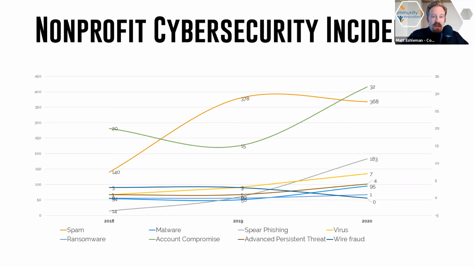And we can see over the years that the number of security incidents we record has gone up dramatically. Back in 2018, we recorded 233 incidents. In 2019, that number went up to just over 500 incidents. In 2020, it was almost 700 incidents. And so that helps us take a data-driven approach to guide our cybersecurity recommendations.